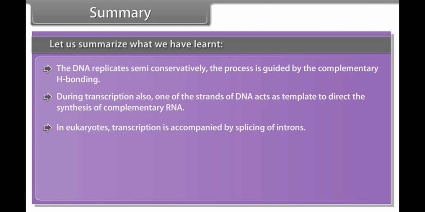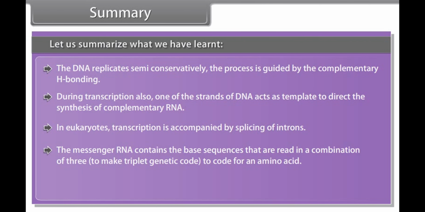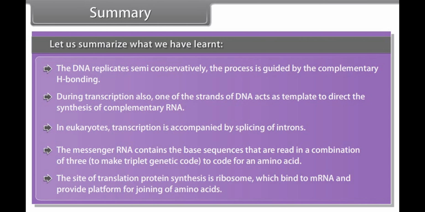In eukaryotes, transcription is accompanied by splicing of introns. The messenger RNA contains base sequences that are read in combinations of 3 to make the triplet genetic code to code for an amino acid. The site of translation, or protein synthesis, is the ribosome, which binds to mRNA and provides a platform for joining of amino acids.